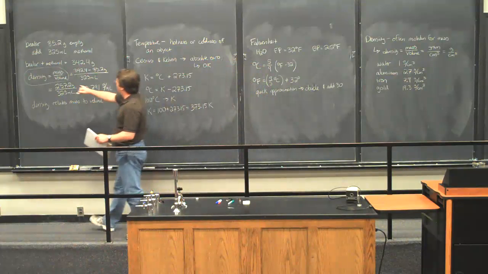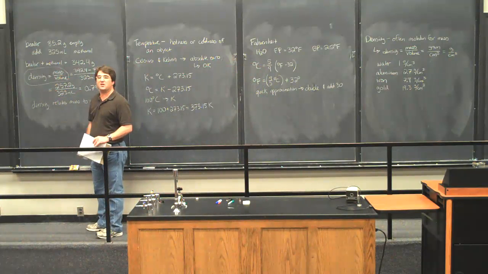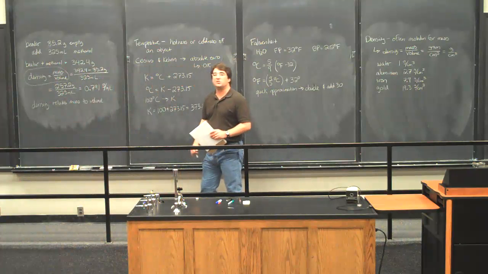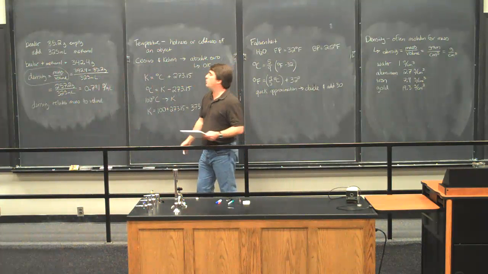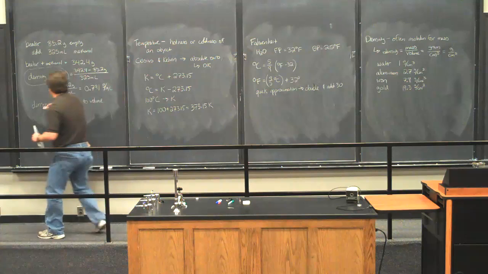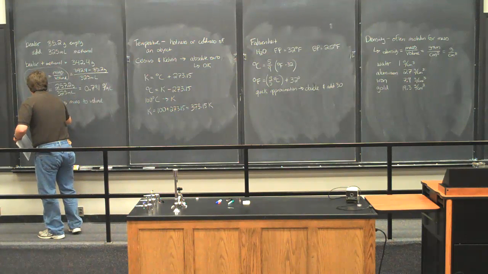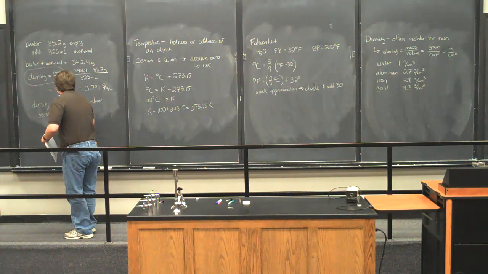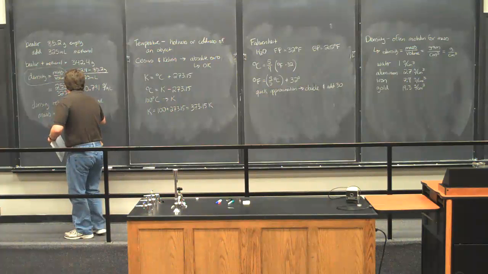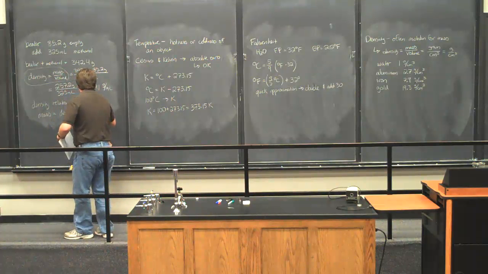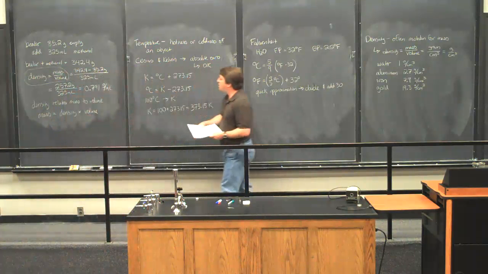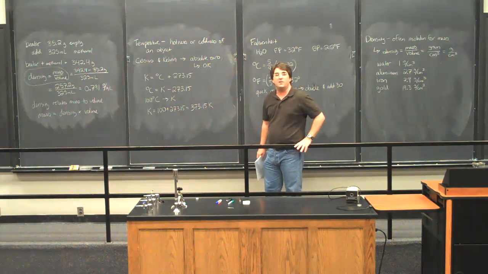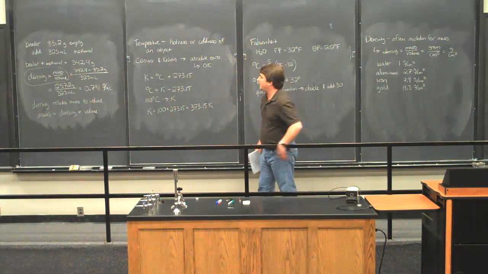So if I wanted to get mass all by itself on one side of this equation, how would I move volume over to the left side of that equation? I would just multiply both sides by volume. So if I wanted to solve for the mass, it would be density times volume. So to solve for the mass, I would need to know the density of the substance and the volume, and then I could tell you the mass that I had.